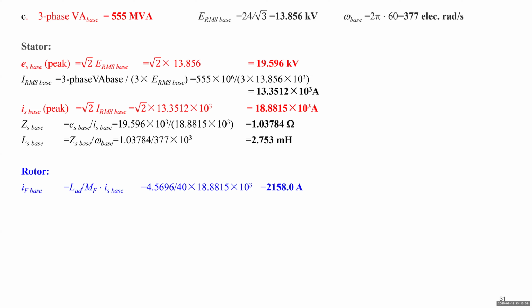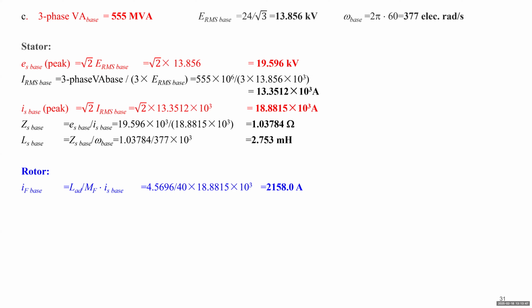Okay. So those are for the stator quantities. For the rotor, first we need to calculate the field winding current base. The field winding current base is equal to the stator current base multiplied by a factor. The factor is LAD divided by MF. That factor is just to make the mutual inductance in the field winding equal to the mutual inductance with the stator in terms of per unit.